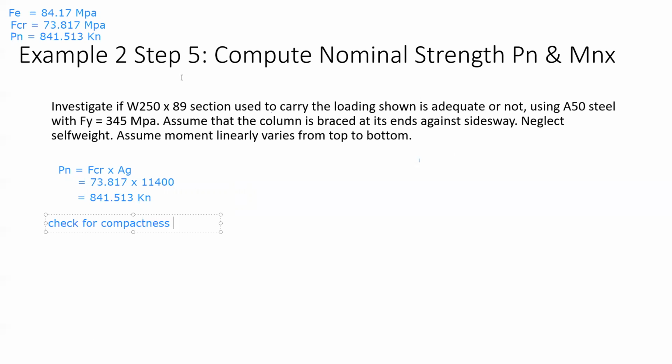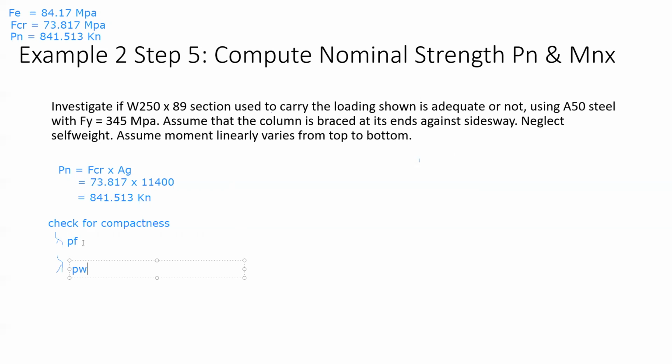So compactness here is, this is lambda, I forgot, of the flange and of the web. So that is PF for the flange and PW for the web.